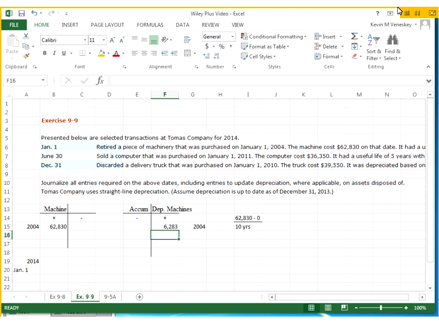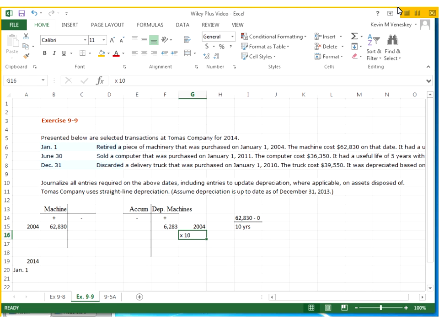Now the beauty of straight line is you don't have to recalculate anything for the remaining years. If you don't change anything with your equipment, meaning a change in estimate or a change in value, meaning you had a capital expenditure, you added something big onto that machine, it's going to be the same amount every year. Well, instead of typing it out 10 different times, let's just do the multiplication. Because if it's in 2004 when I bought it and that was the first year, I've now used it 10 years.